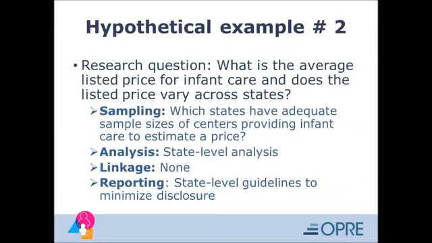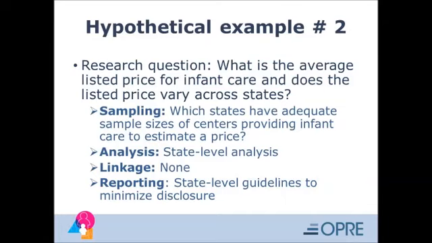And then there are states with very small sample sizes, in this case for center-based providers. And so you may not be able to generate an estimate for infant care in centers in Idaho, because Idaho is a state with a very small population.